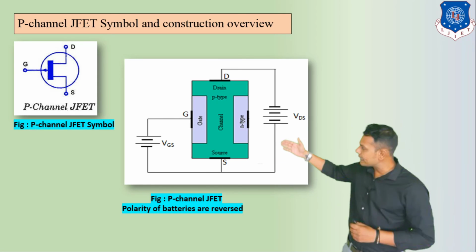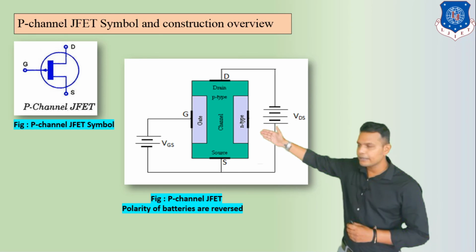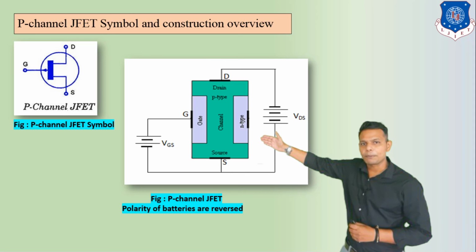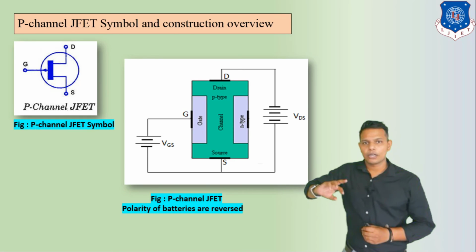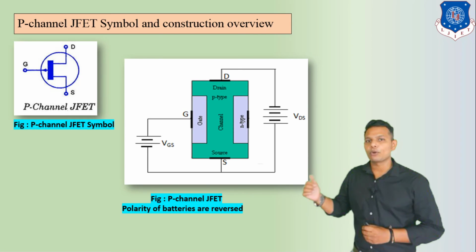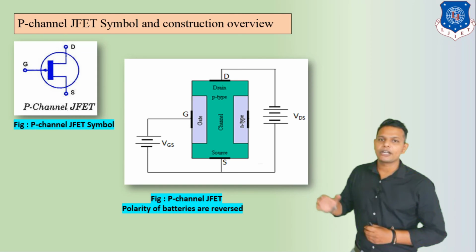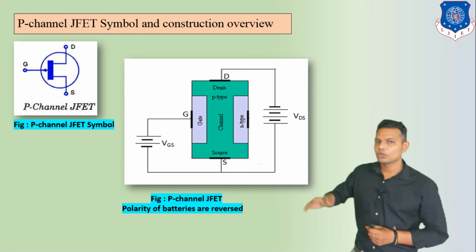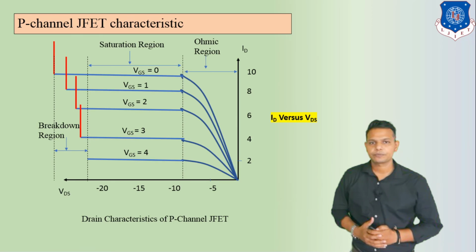In this construction, the first polarity is plus, and it is connected to the P type material. So we have to invert the polarities of the N-channel JFET, and then it becomes a P-channel JFET. Here we can see the symbol of P-channel JFET.